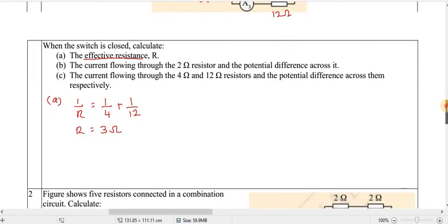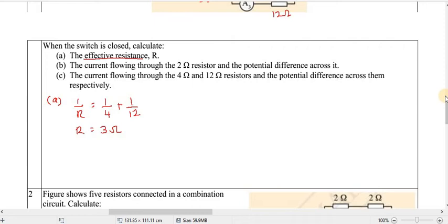And I also must remind you that the final answer must be in decimal. Never, ever leave your answer in fraction in physics. No fraction, final answer, absolutely no fraction. Okay?